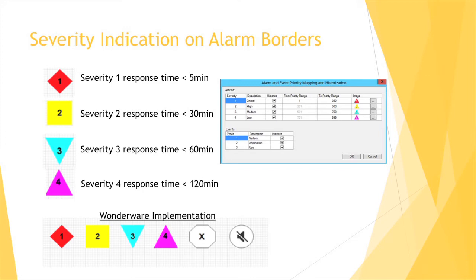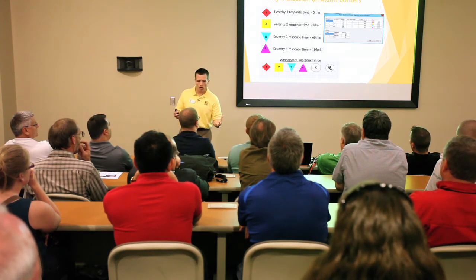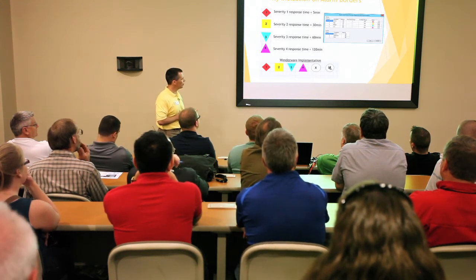Right now in Wonderware, you get 999 different priorities for alarms. And what the thought here is, there is a way that you can now filter those priorities down into 4 different severity levels. Again, this is not something that you have to do in 2014. It is a tool there that you can use.